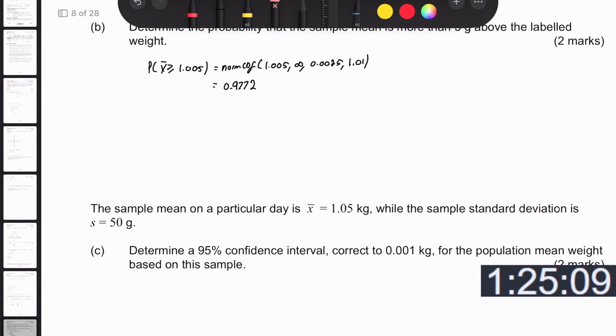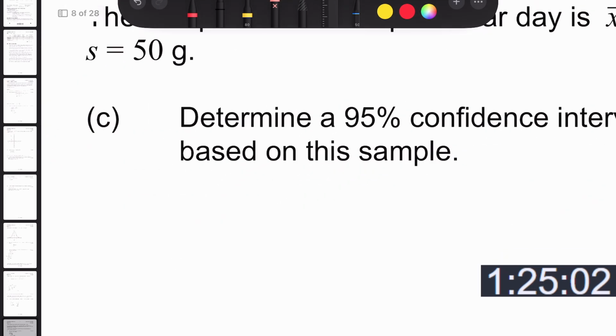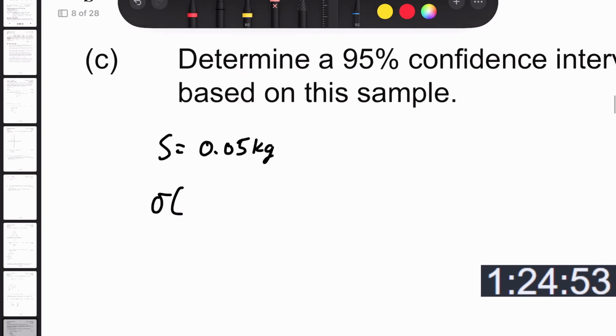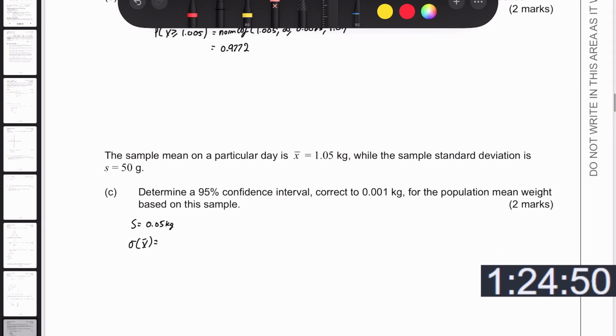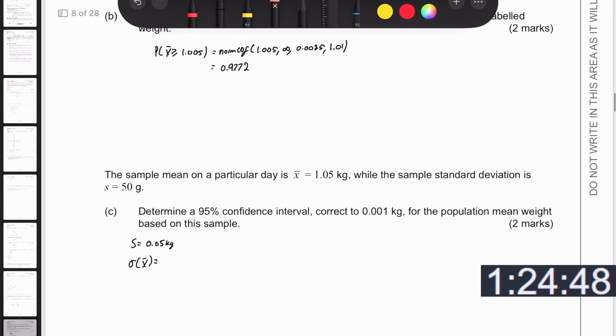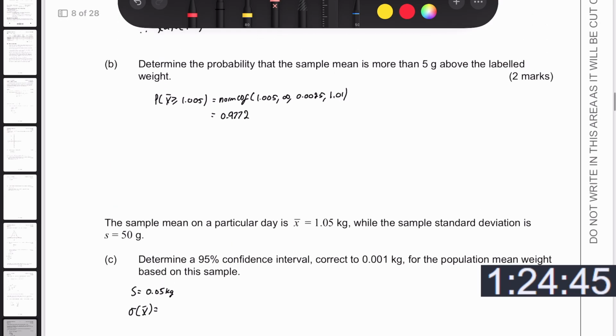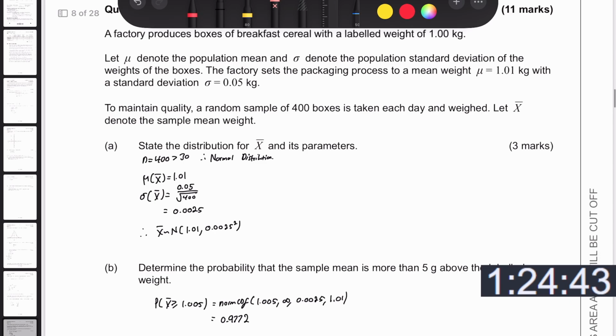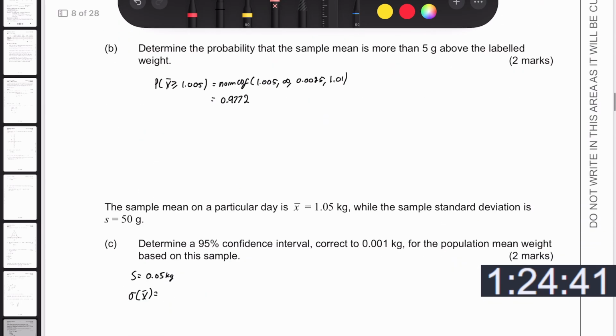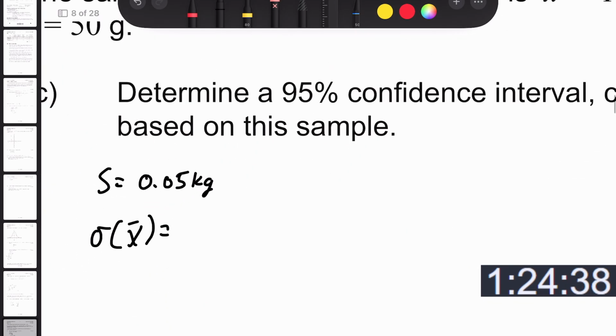The sample mean on a particular day is that, well, the sample standard deviation is 50 grams. For the population mean weight based on this sample, so let's say 0.05 kg. So that is equal to the sample standard deviation, and it's 400, so 0.05 on square root of 400.